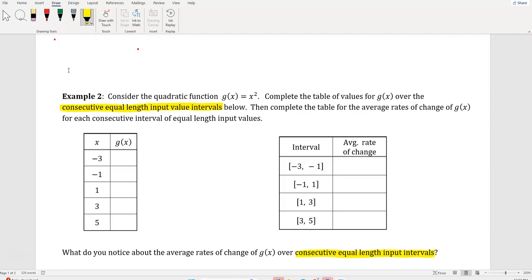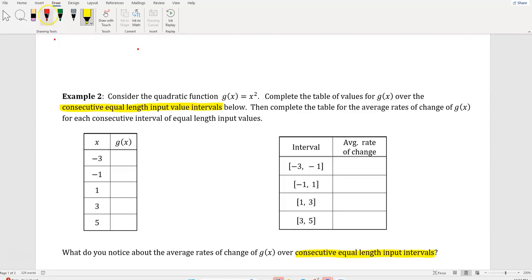What I am about to show you from what we're looking at here only works if we have consecutive equal length input value intervals. Okay? That means that we're looking at input values, so those are x's, right? We have to have equal lengths between our intervals, and they must be consecutive in a row.